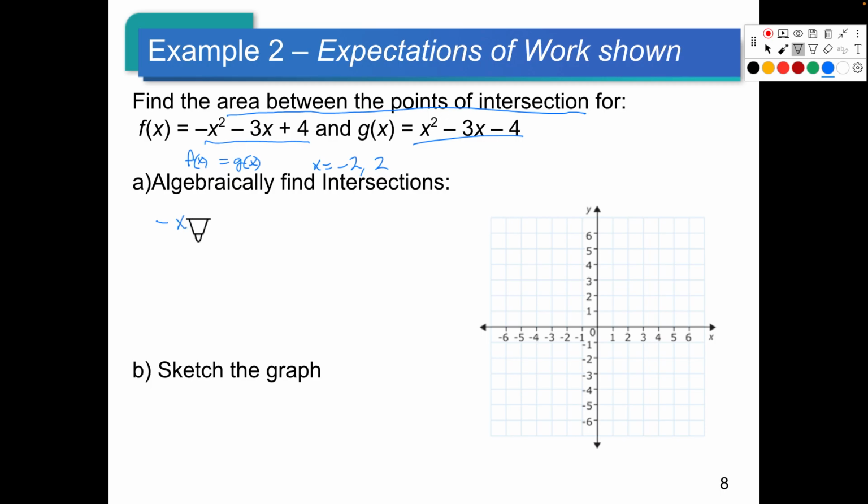We get negative x squared minus 3x plus 4, that's f of x, equals x squared minus 3x minus 4, that's g of x. And we now need to solve for x. I see an x squared here, so maybe I add x squared to both sides.